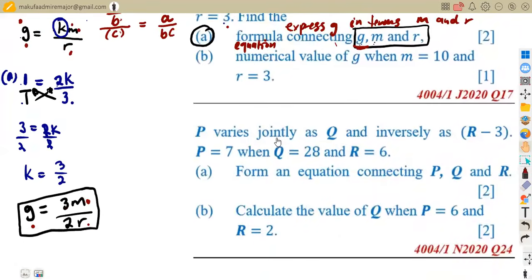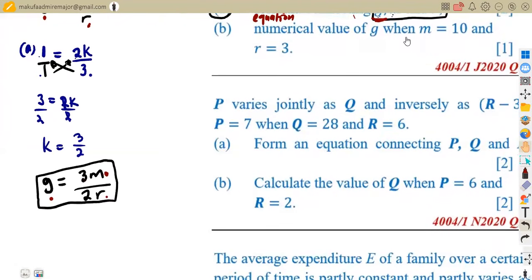All right, let's check the B part. B now, they're saying find the numerical value of G when M is 10 and R is equal to 3. All right, so this one is a continuation.